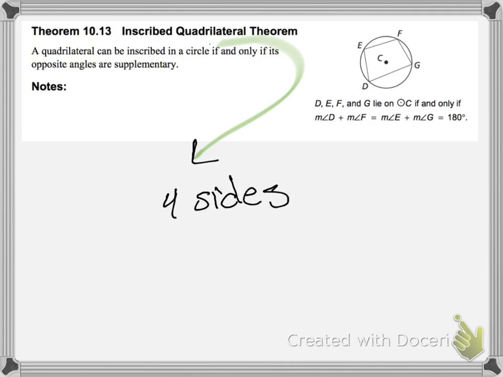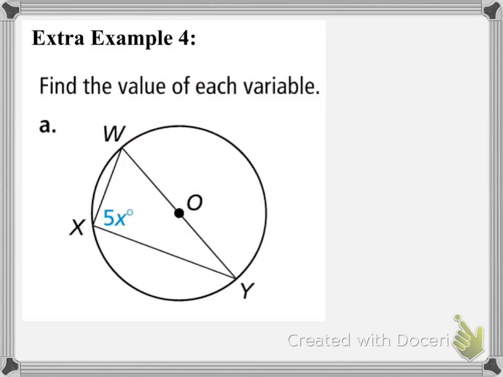If I have a 4-sided figure inscribed in a circle, its opposite angles have to be supplementary, meaning this angle E and this angle G have to add up to 180. This angle F and this angle D have to add up to 180, because supplementary means add up to 180.